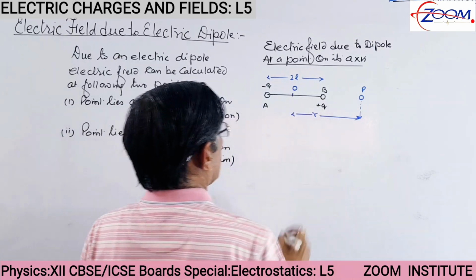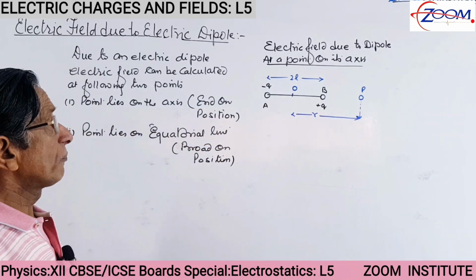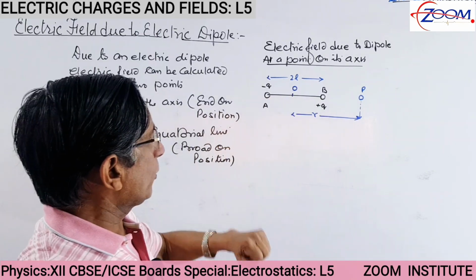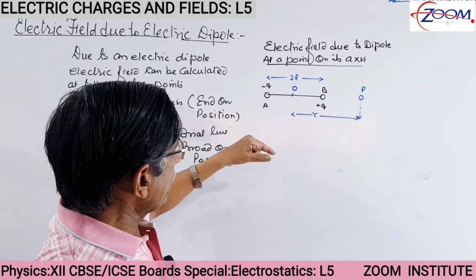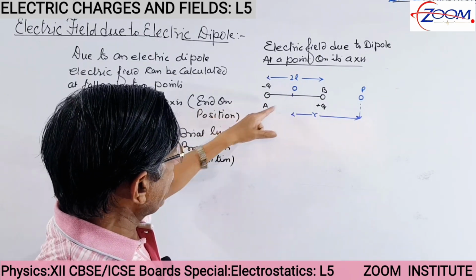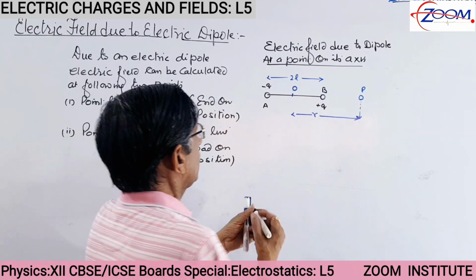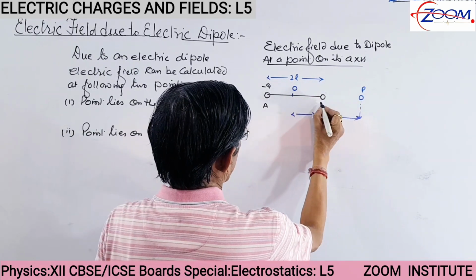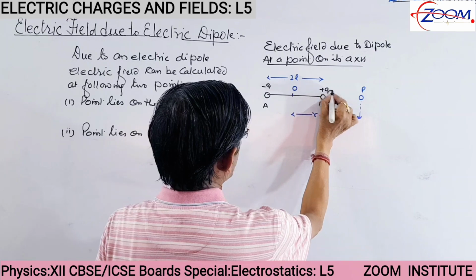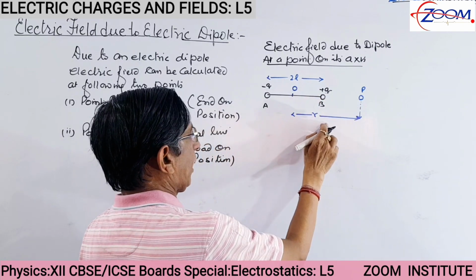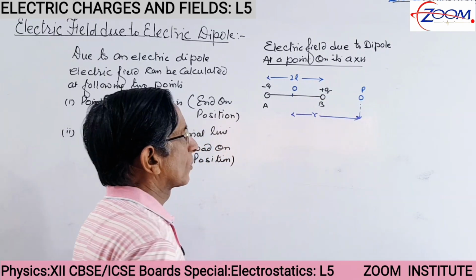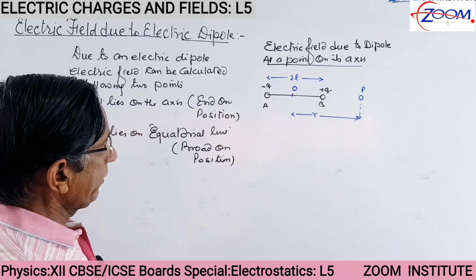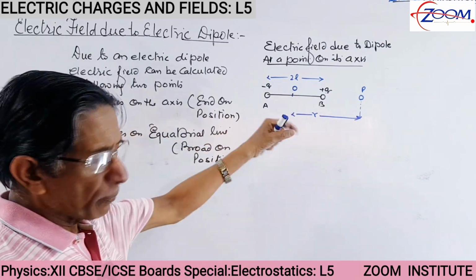field. Once again I repeat the problem. We consider an electric dipole consists of 2 charges, that is minus q at A, plus q at B. We have to calculate electric field at a point P at distance r from its center O. Students, please keep in mind this charge is positive.